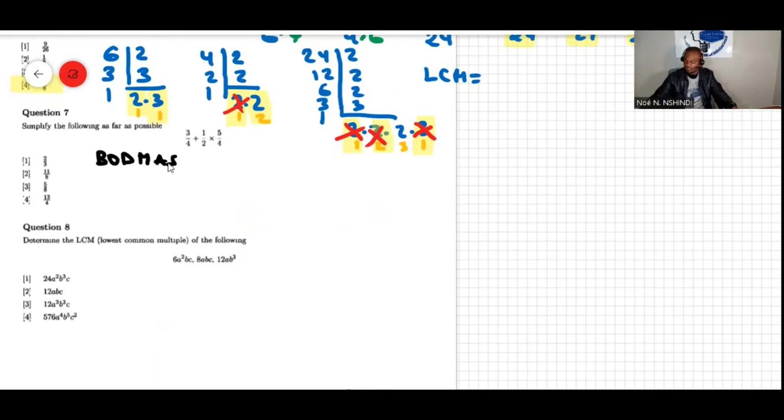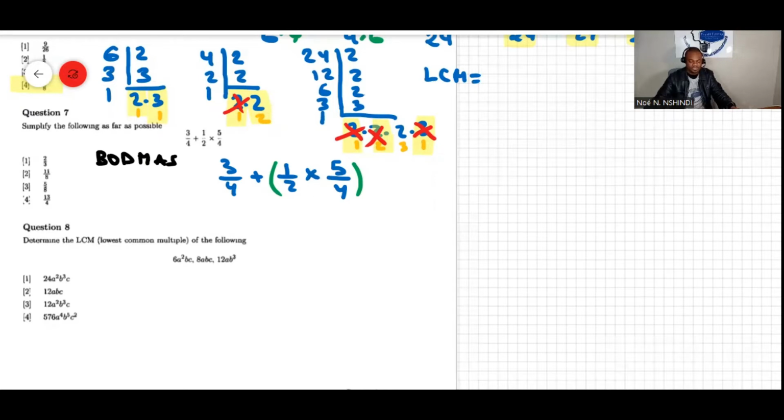So over here we can just put brackets, because it is 3/4 plus a half times 5/2. So we first multiply these, okay? We can put brackets there because multiplication comes before addition. So this is the first operation to do.